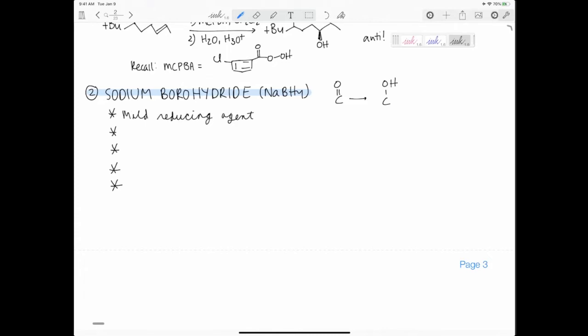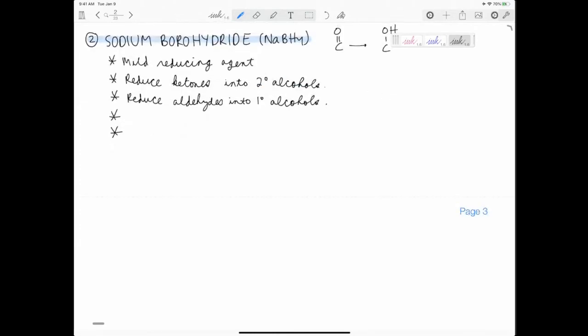With mild reducing agents, you can only reduce ketones into secondary alcohols and aldehydes into primary alcohols. I'll work through some examples later.